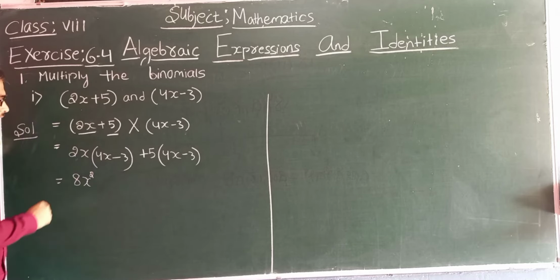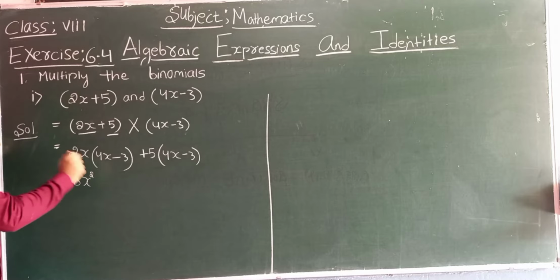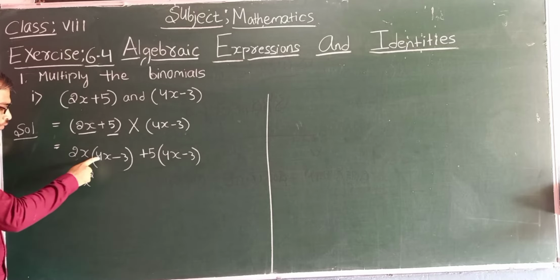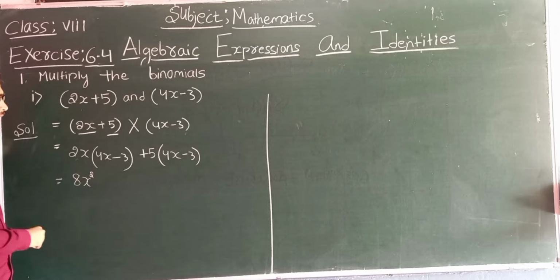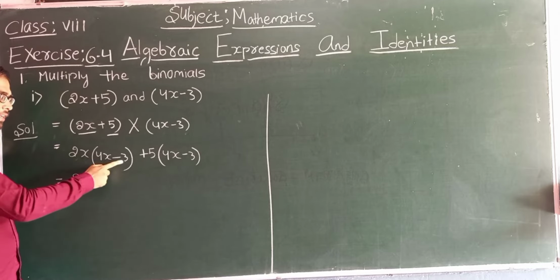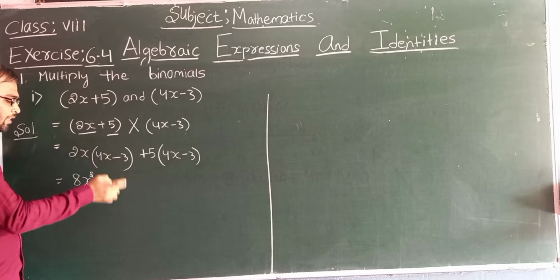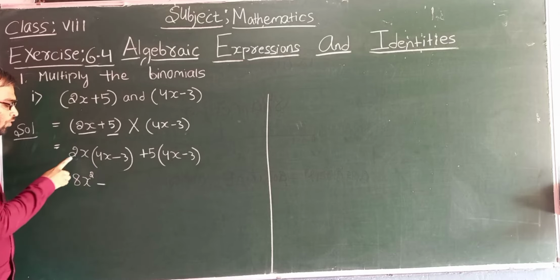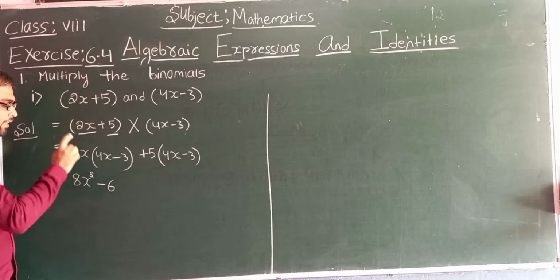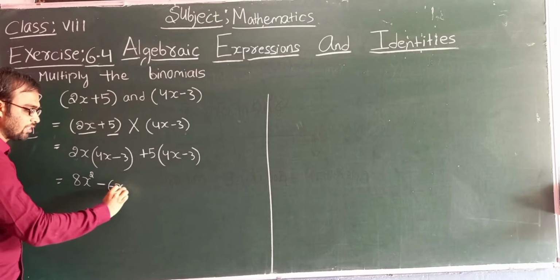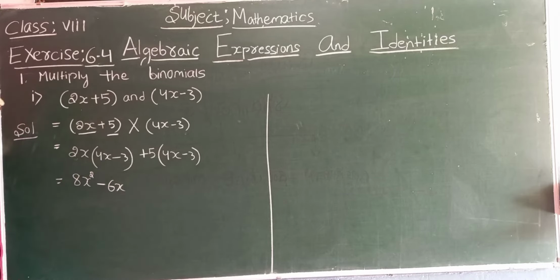So I have multiplied 2x with 4x: 2 4s are 8, x into x will be x square. Now here plus is there, here minus is there, so plus into minus will be minus. 2 3s are 6, and here there is no x and here there is x, so write x.